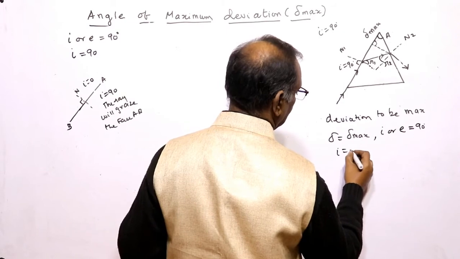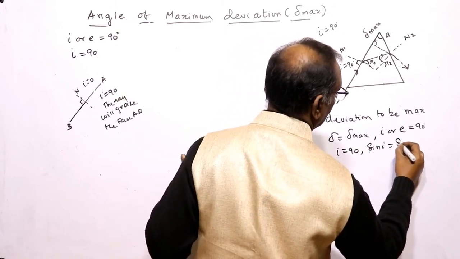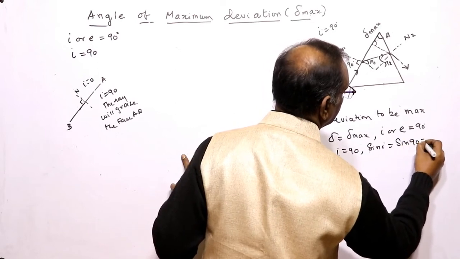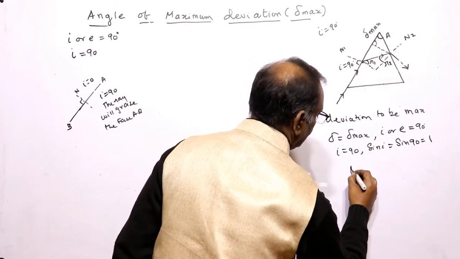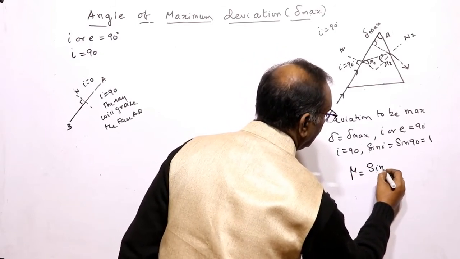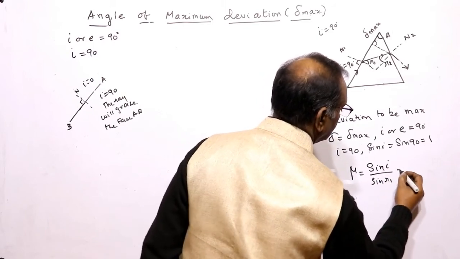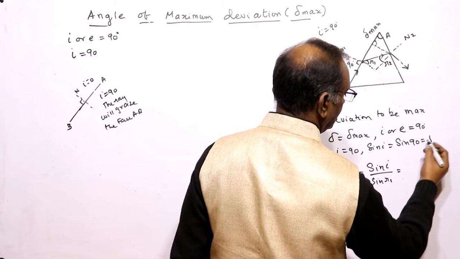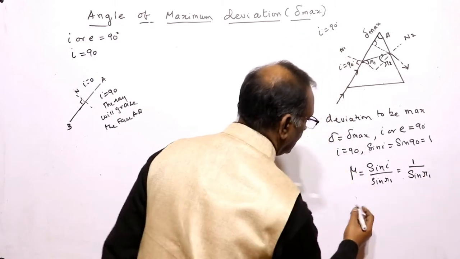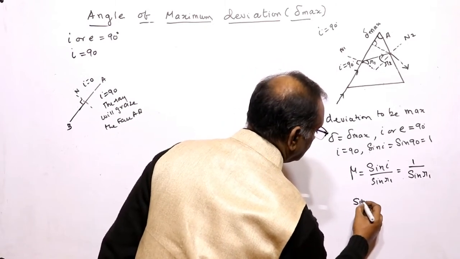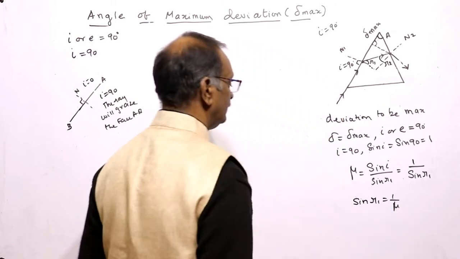If I is equal to 90 degrees, sine of I is sine of 90, which is 1. From Snell's law, mu is equal to sine I by sine R1, which is 1 divided by sine R1. So sine R1 is equal to 1 by refractive index.